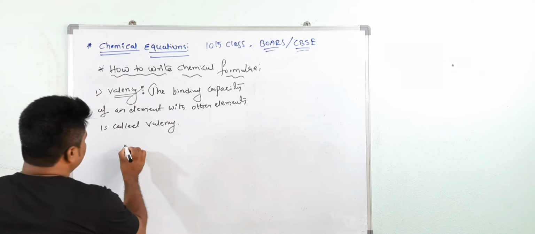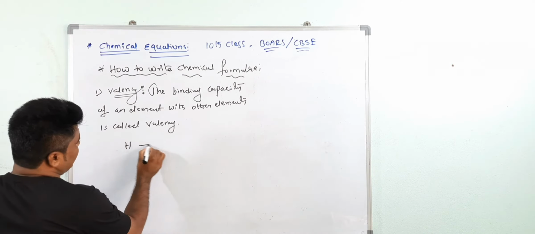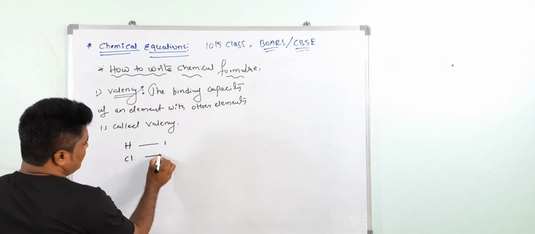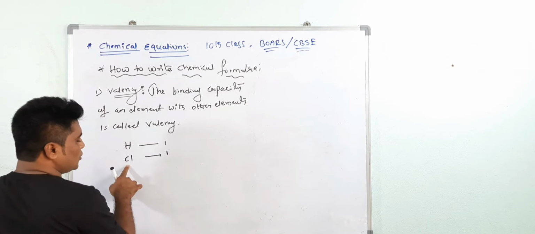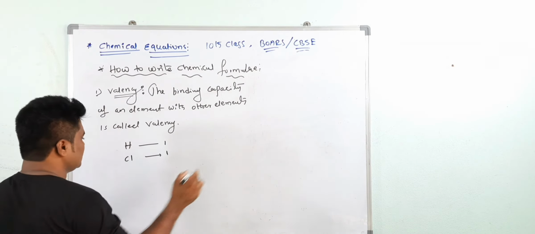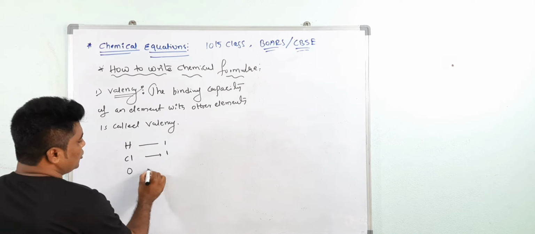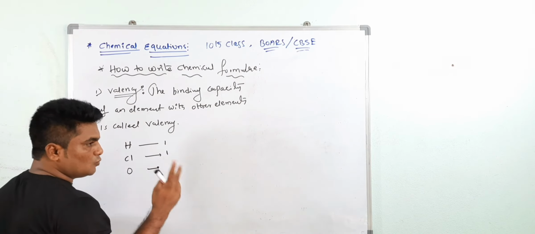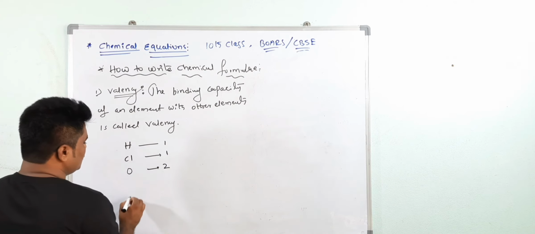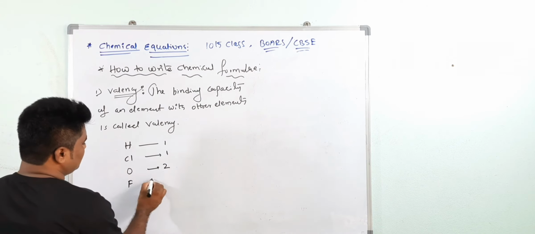For example, if you take hydrogen, the binding capacity is 1. If you take chlorine, the binding capacity is also 1. It means chlorine binds with only one other element. Oxygen forms 2 bonds, combining with 2 other elements. Binding capacity is 2. Fluorine is 1.